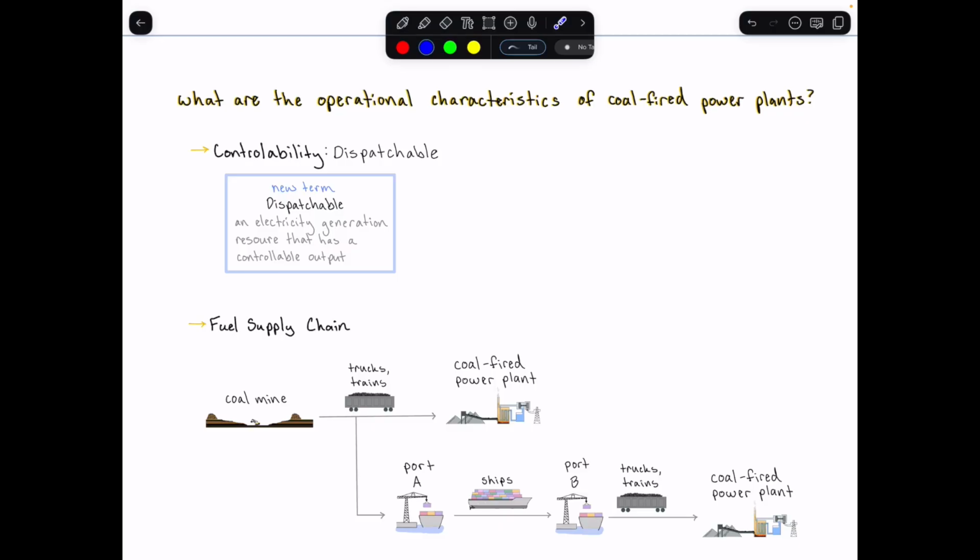So let's say instead of Australia burning coal locally within the country, they want to ship some of their coal to India. From the coal mine, that coal is loaded onto trucks and trains. It is then brought to a port where the coal is loaded on a ship. That ship then goes across the ocean to a port in India, where the coal is then unloaded onto trucks and trains, which can then deliver that coal to coal-fired power plants, in this example, in India.